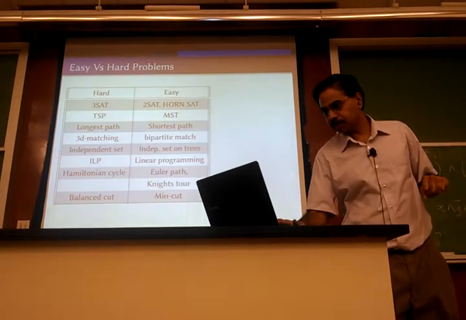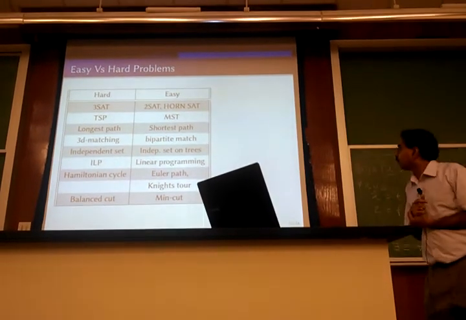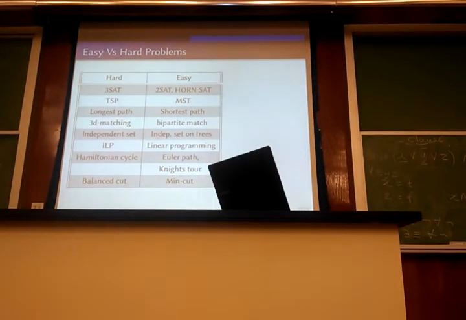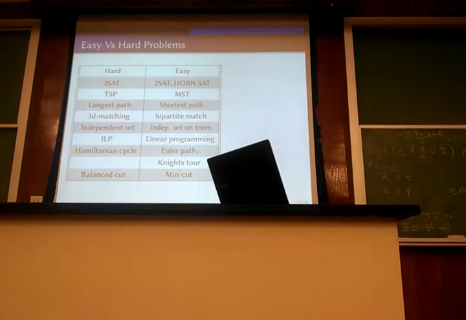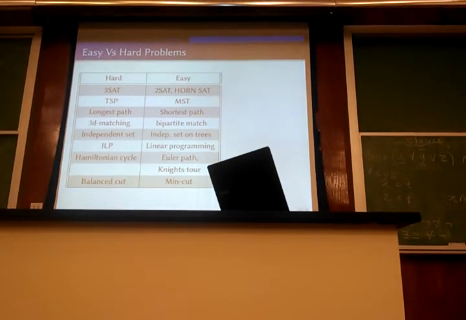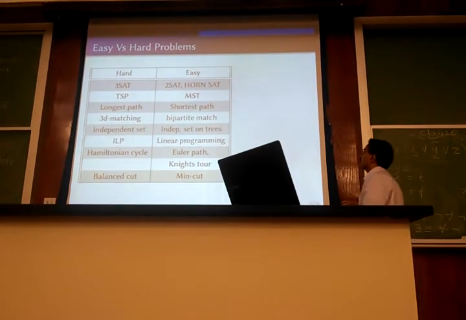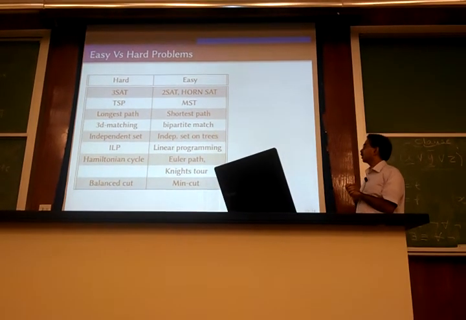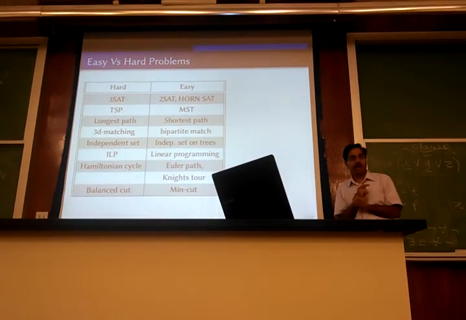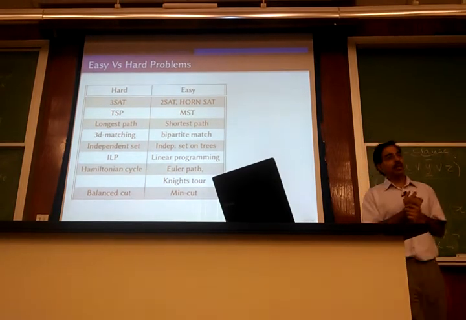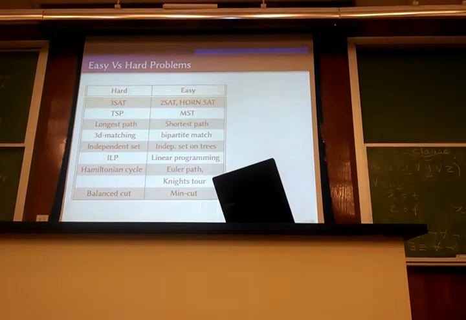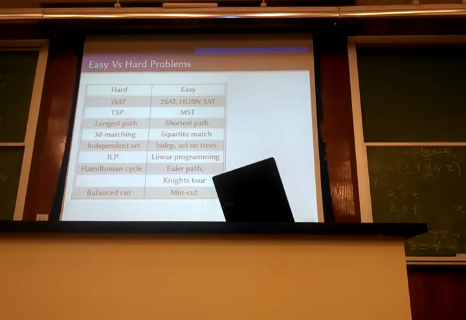a hard problem. So again, there is a table, and the reason why I put this table up here is because there might be problems which seem somewhat similar, but one of them is hard and the other is easy. So 3SAT. So 3SAT is a specialization of the SAT problem where each clause has only 3.